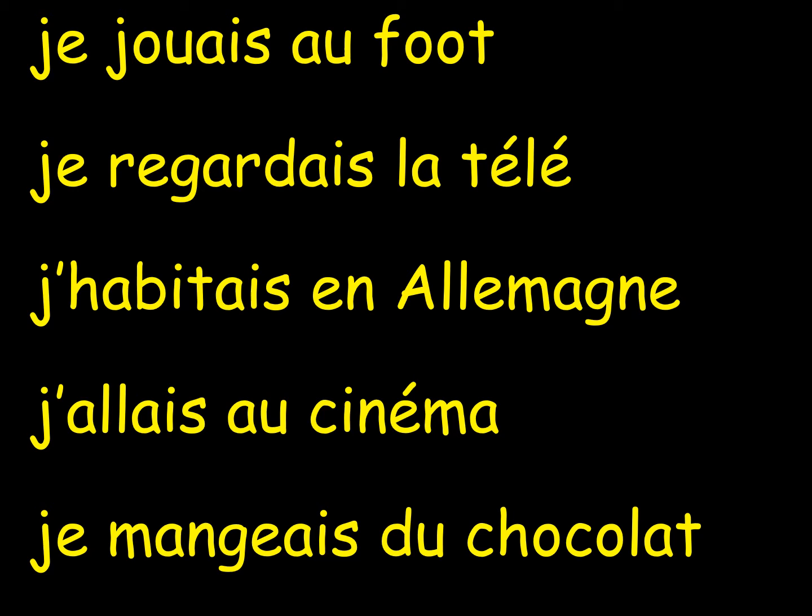What I want you to focus on here is the second word in those sentences. Jouer, regarder, habiter, aller, and manger. Hopefully what you spotted is what they've got in common is they all end in AIS. Once again, the way this tense works is about taking things off something and then putting on certain endings.